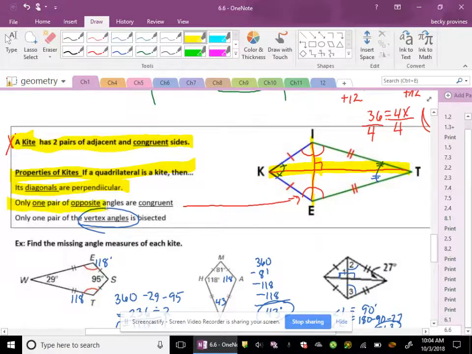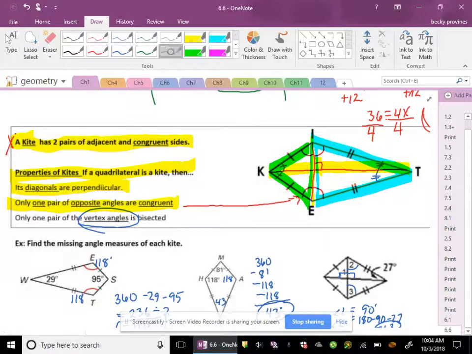You have only one pair of opposite angles that are congruent. So again, we're talking about opposite angles. Remember how this is a triangle and this is a triangle? These two angles are going to be the same no matter what because it's isosceles. And then these two are going to be the same no matter what because it's isosceles.